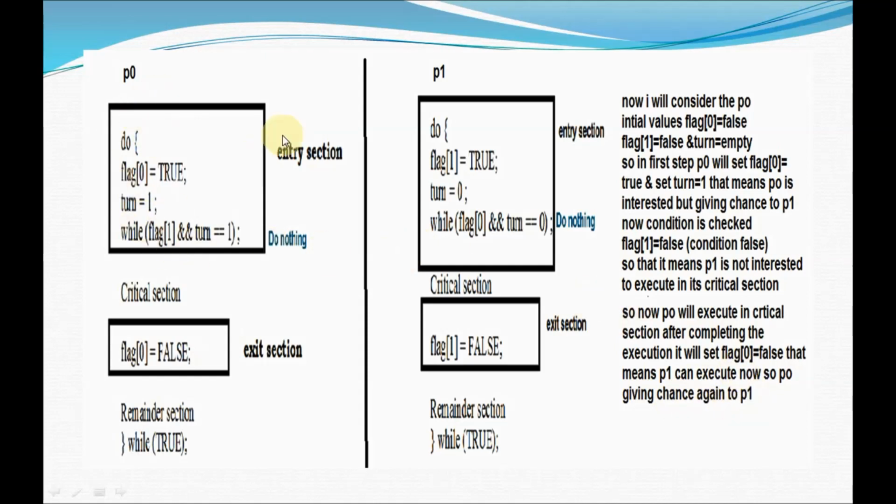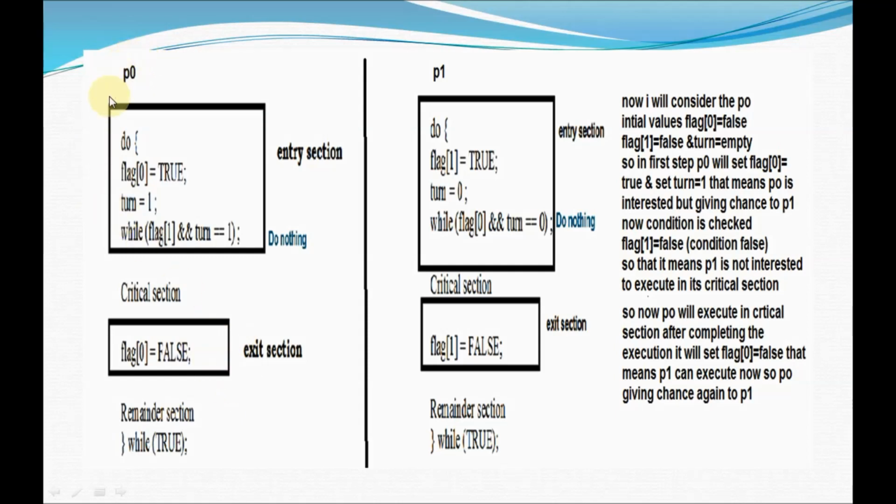Even if P0 wants to execute again, it gives a chance to P1 once again by changing flag 0 to false. That means every time a process executes in its critical section, the other process gets a chance every time, right?